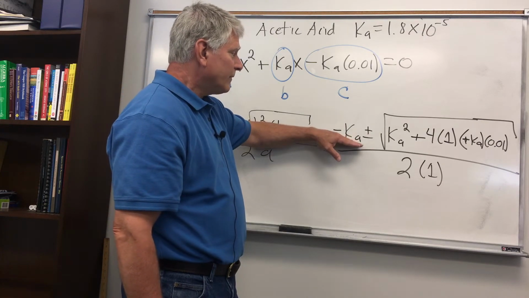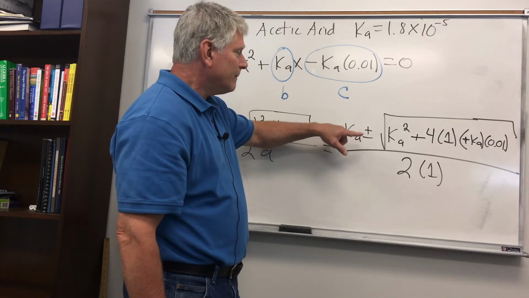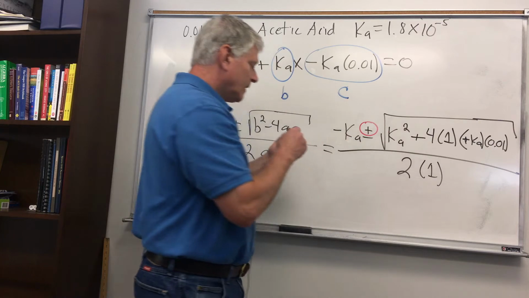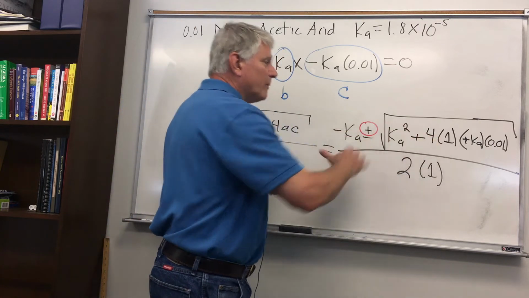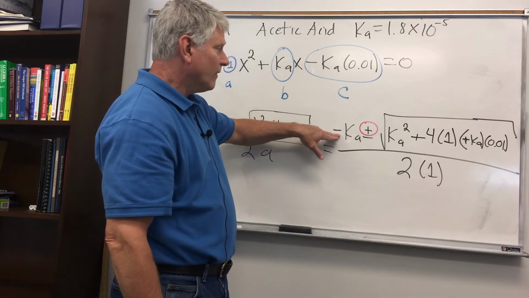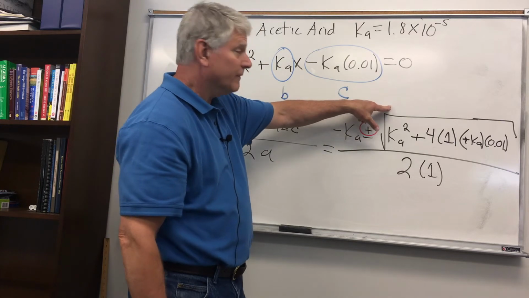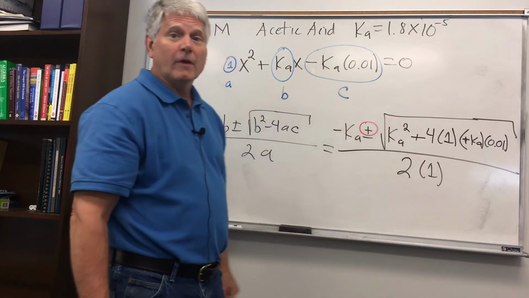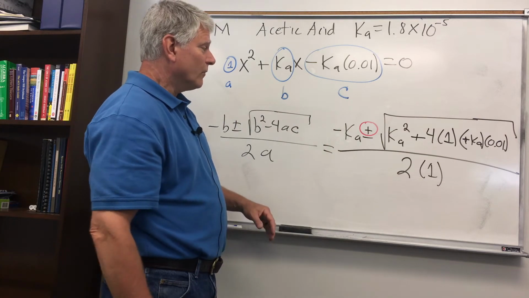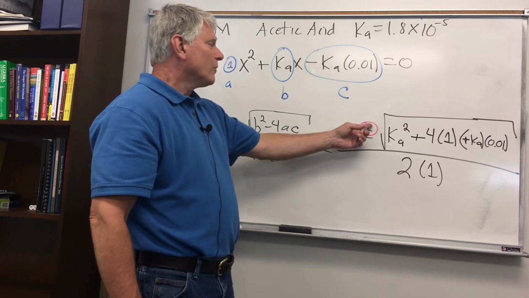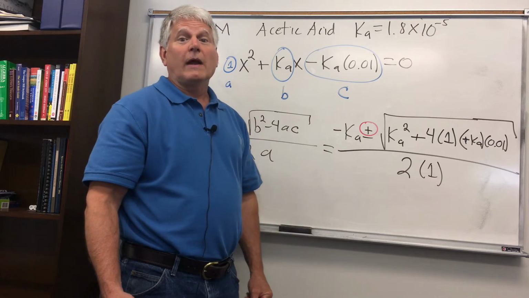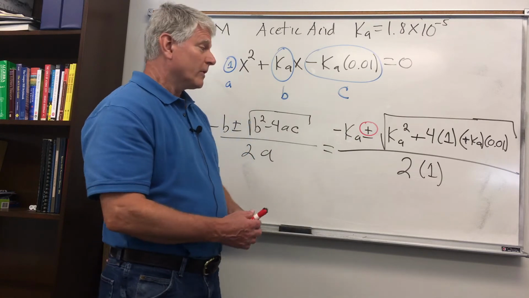So we start out with a negative Ka, so that means we're going to have to use the plus root so that this whole thing will become positive, because we have a negative number and we need a bigger positive number to offset that so that we have a positive number as a result. So you know that you're only going to keep the plus root now. You don't have to try both roots and see which one's going to work.